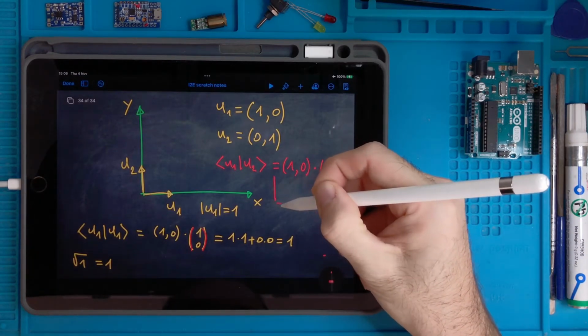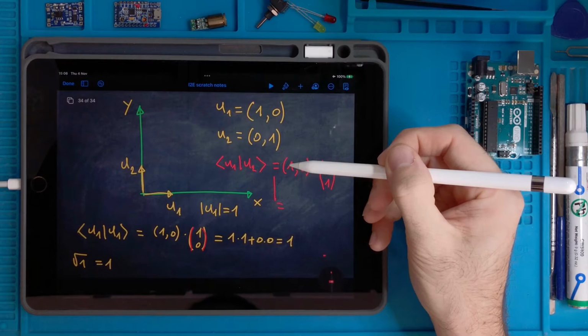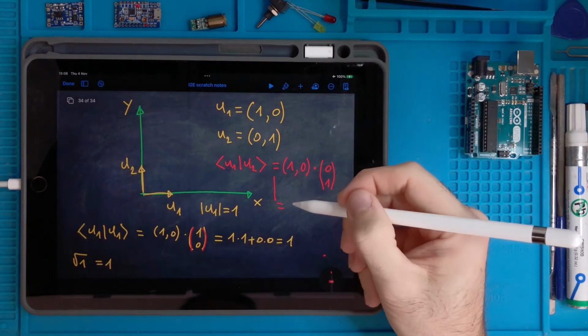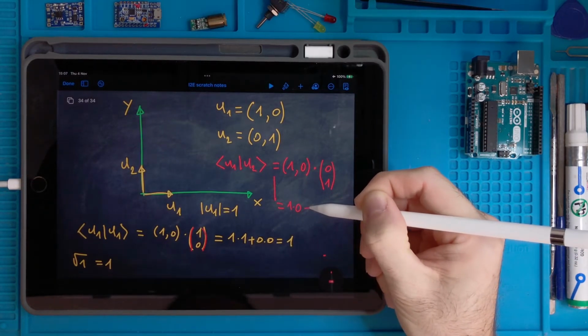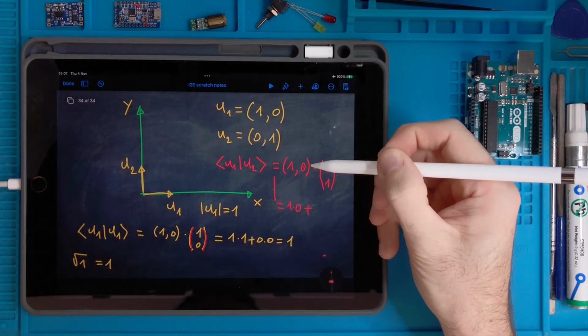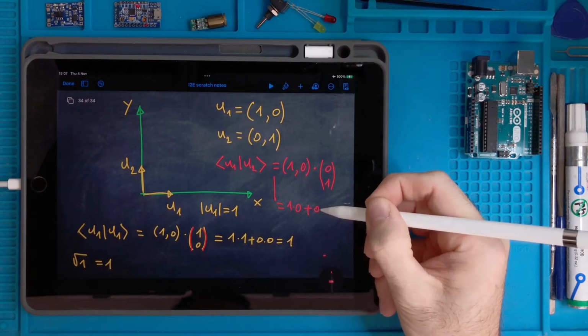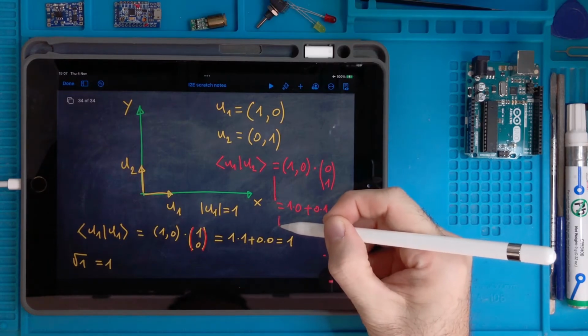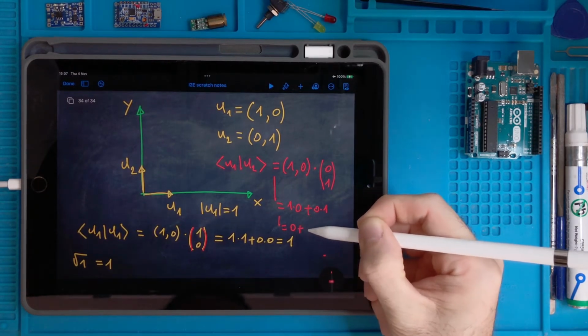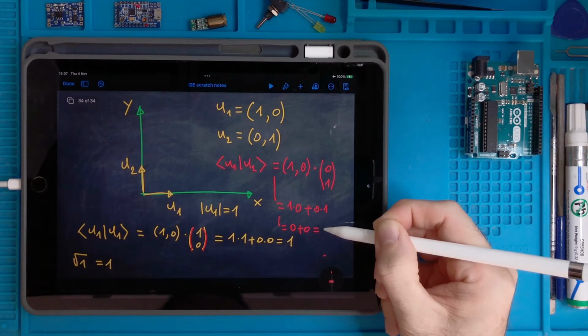If we do this, then we have 1 multiplied by 0 plus 0 multiplied by 1, and this is simply 0 plus 0, which makes 0.